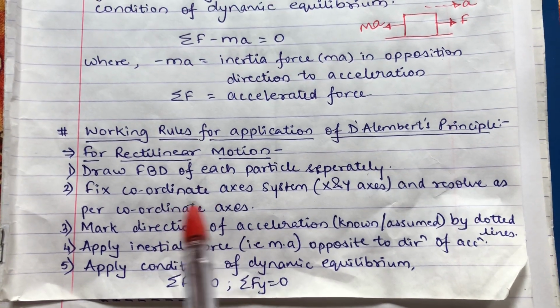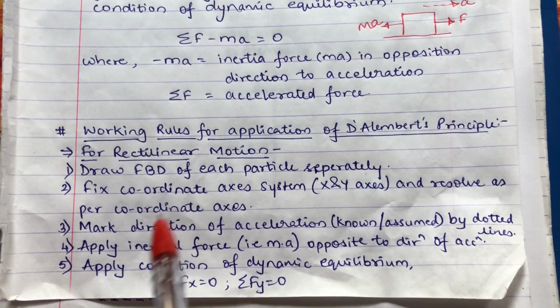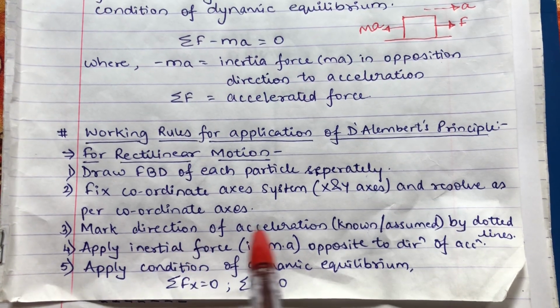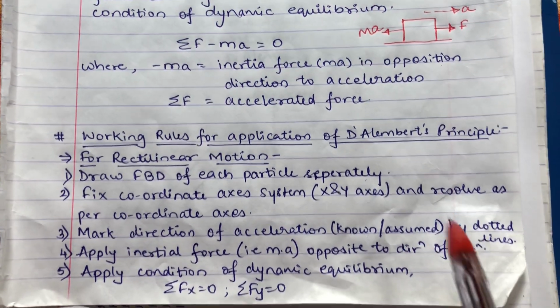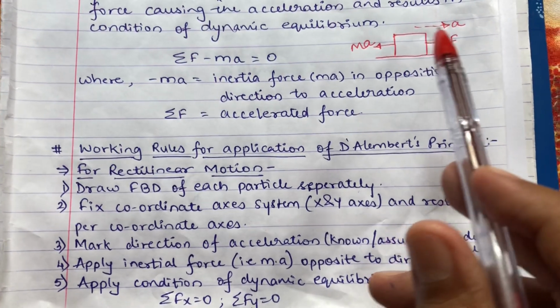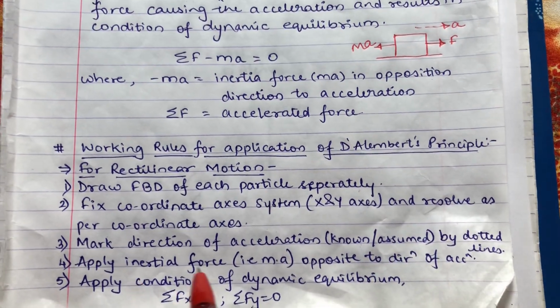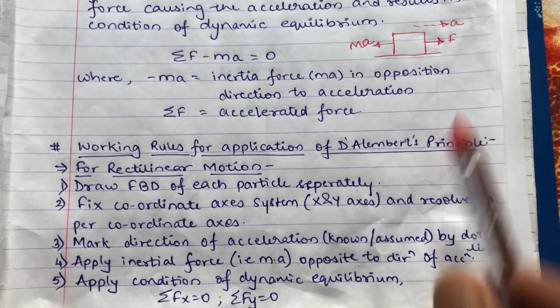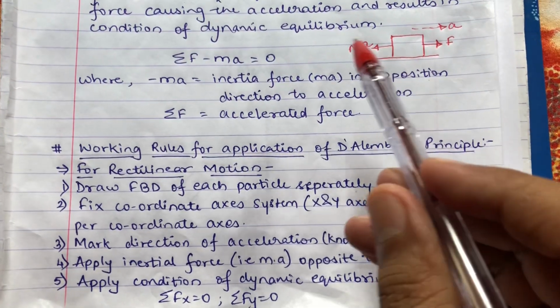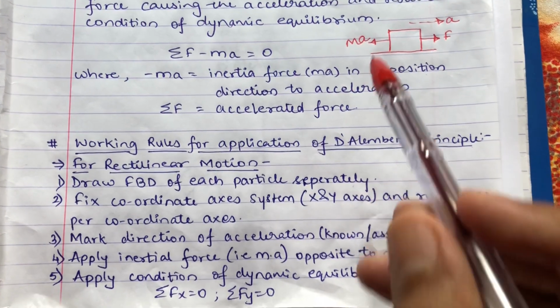This we'll see in an example. Mark direction of acceleration known or assumed by dotted line. If you see here, the acceleration is being marked in a dotted form. Apply inertial force opposite to the direction of acceleration. The acceleration direction is right side and this is the inertial force which is acting on a left side.